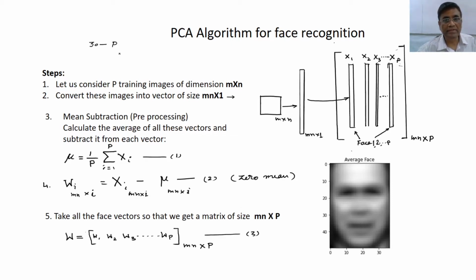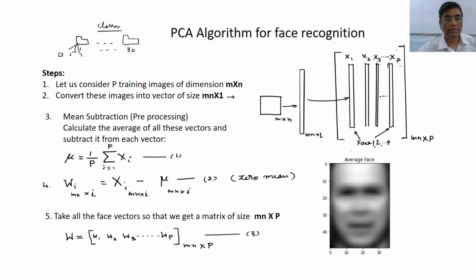So there are 30 classes, numbered 1, 2, up to 30. Within each class you have a number of faces of an individual.